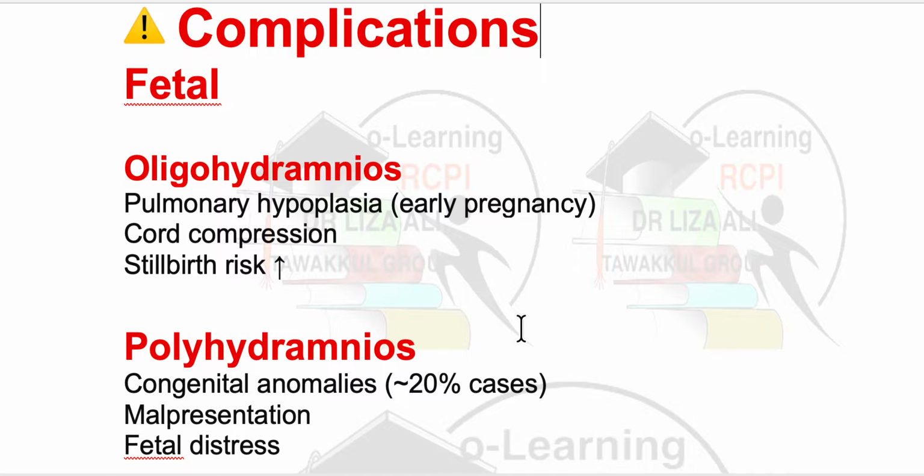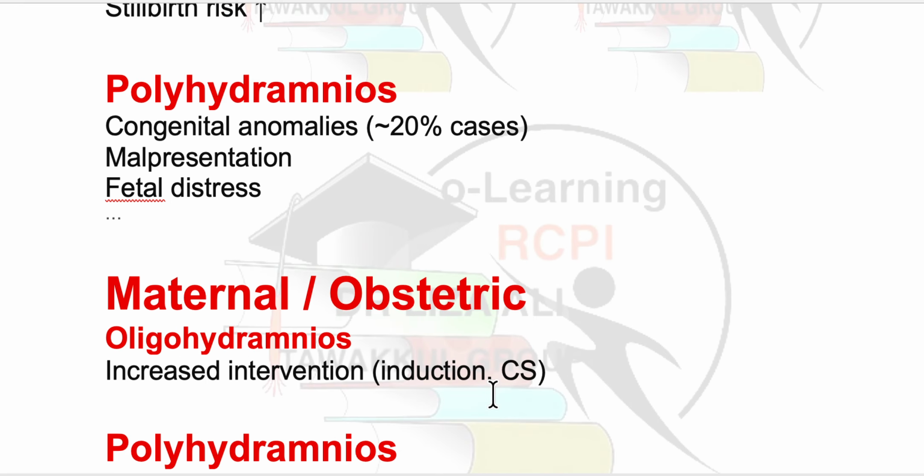Because the baby has no movement, so oxygenation will not go, and there will be an increased risk. In polyhydramnios, there will be fetal malformation and congenital abnormalities; congenital anomalies are found in only 20%.